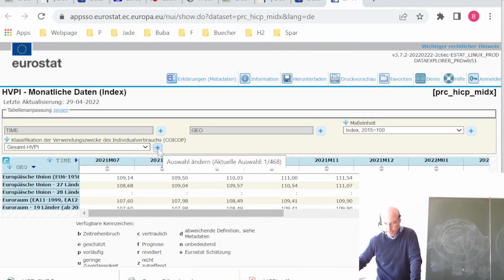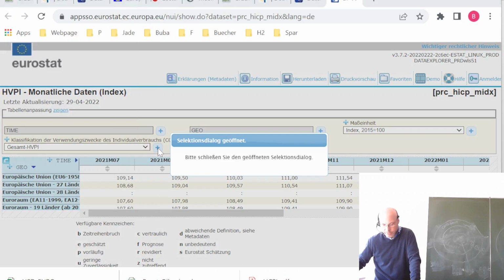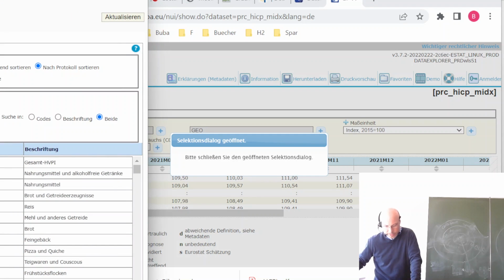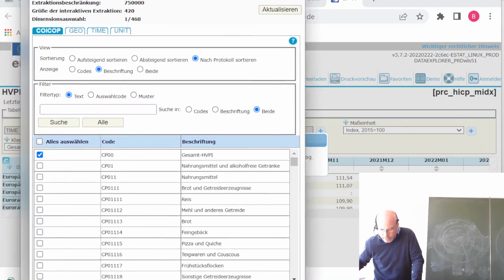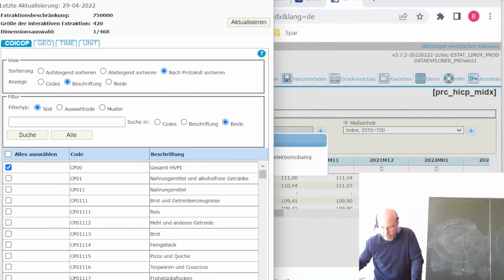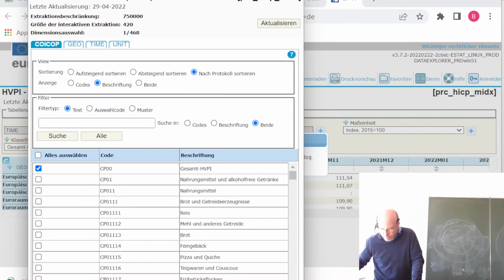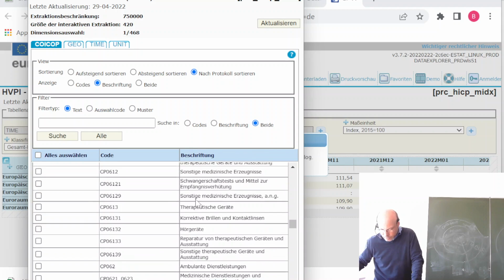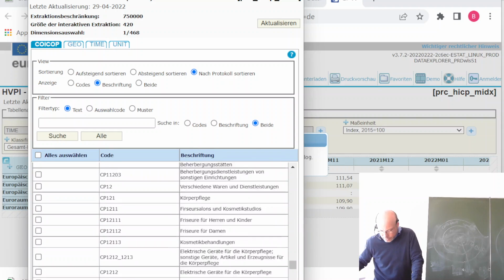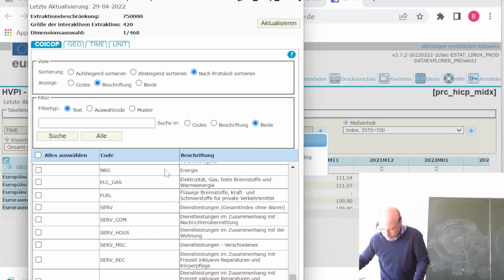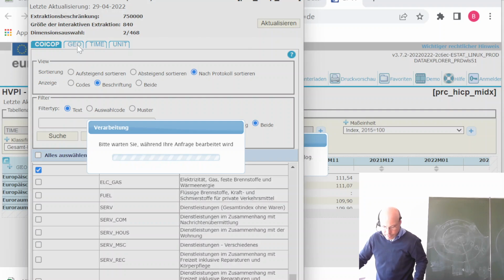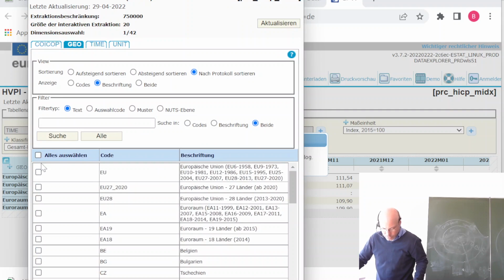What do we need? We need the total consumer price index for Germany and the energy component. So here you see we have marked the total, and then scrolling down, energy, these are also all these single ones, and then you have here energy. Country, we only want Germany.